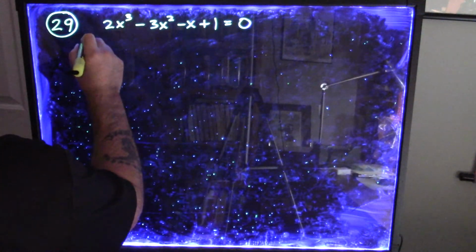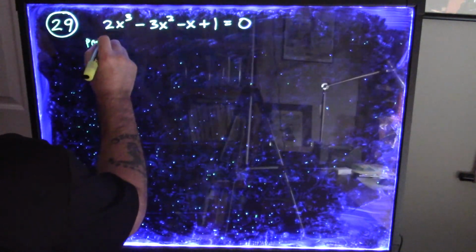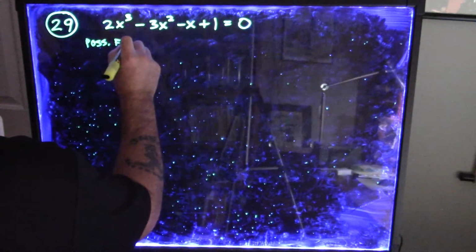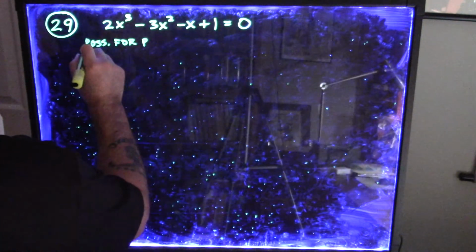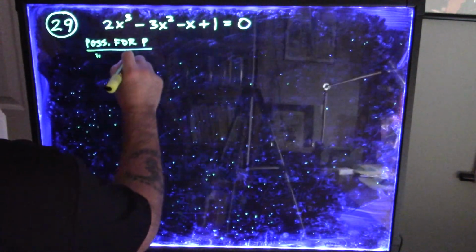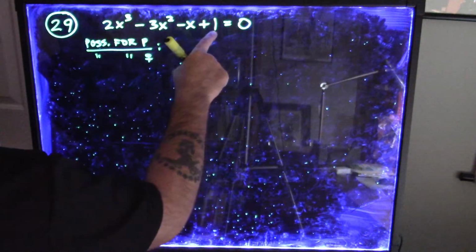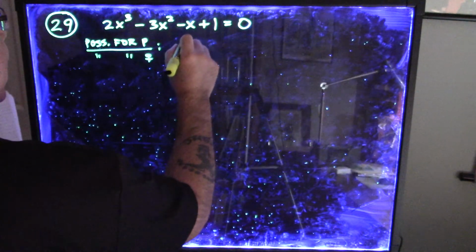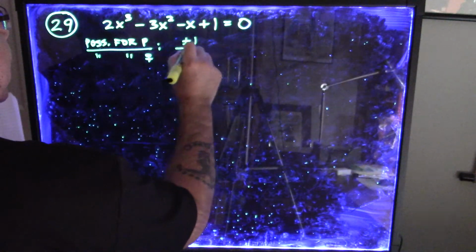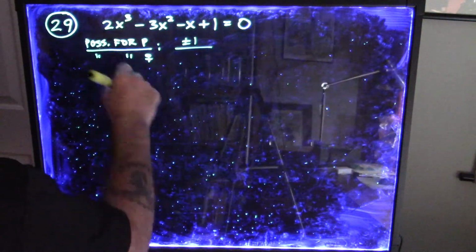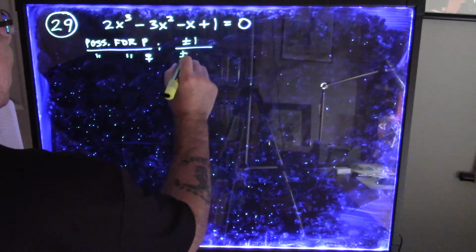So, possibilities for p over the possibilities for q. So we've got plus or minus 1, that's it, for p. And then we've got plus or minus 1, plus or minus 2 for q.